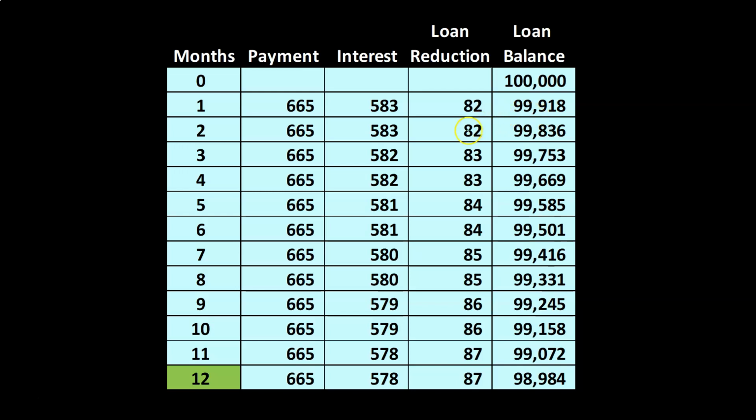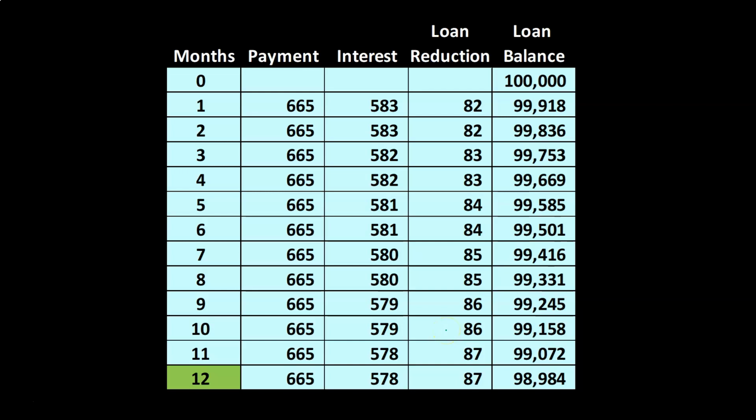Now, as we go down, it looks pretty much the same for the second payment, but what's really happening is you're making the payment on just simply the reduction in the principal amount here, which doesn't have a big impact at the beginning of the loan, but you can see as time passes, you have this difference between the interest and the loan reduction with the payments being the same, meaning the interest portion that you're paying starts to go down as time goes, and the loan reduction portion goes up.